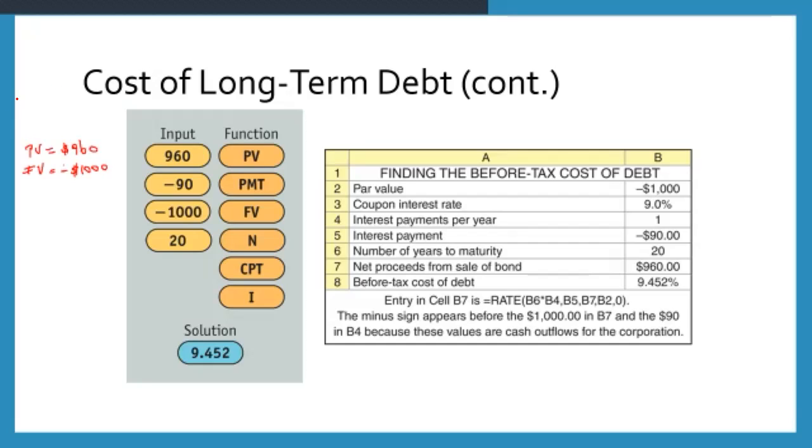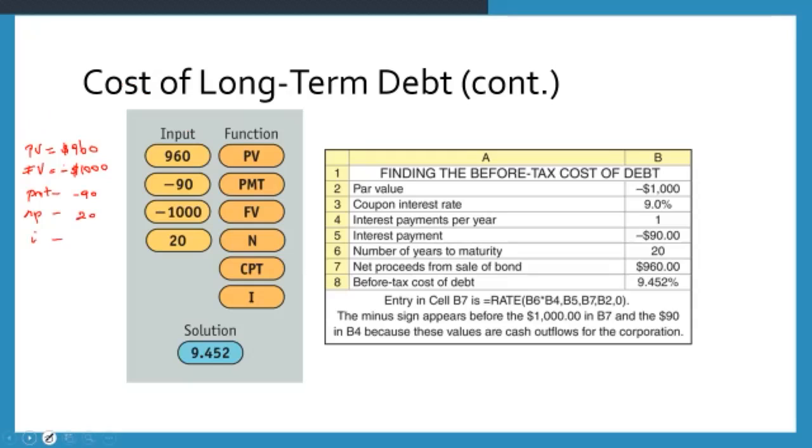Coupon payment, PMT in the online calculator, you'll have 90, and N, the period, is 20 years. Now you're going to solve for I, which is your yield to maturity, and it's supposed to come up around 9.45. Same thing with Excel.